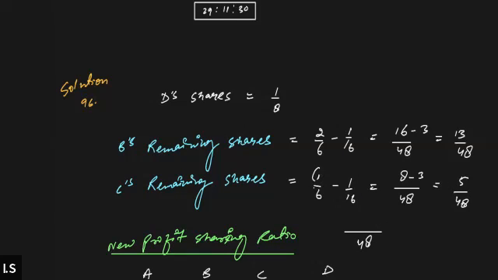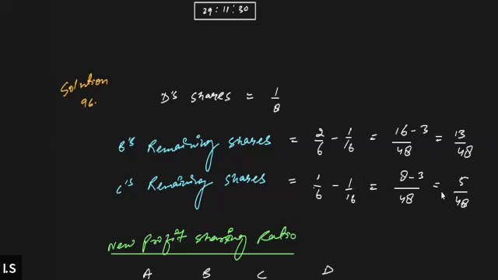And 8 into the numerator value, 8 into 1, is 8. And now again we need to divide 48 by 16, and we will get 3. 3 into 1 is 3. So this is how we got 8 minus 3, and after subtracting, we get 5/48. Is that clear to you?